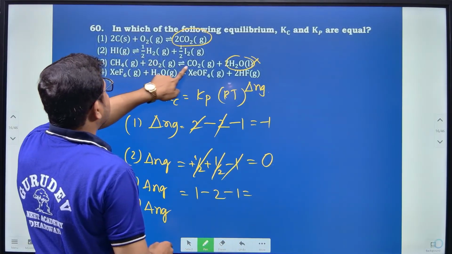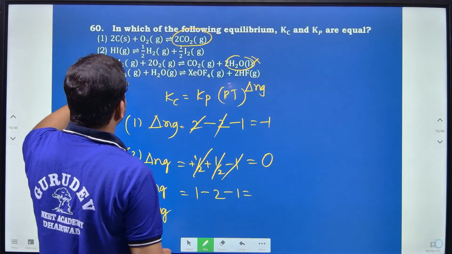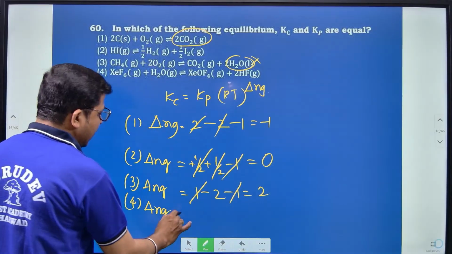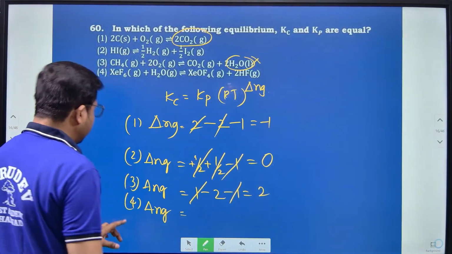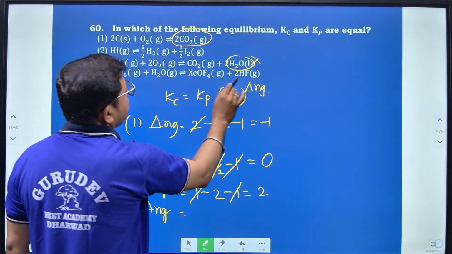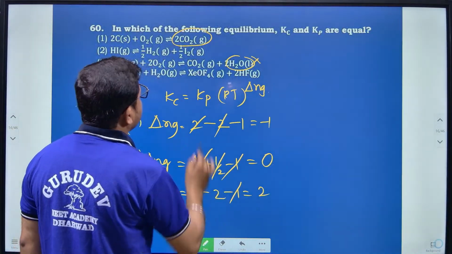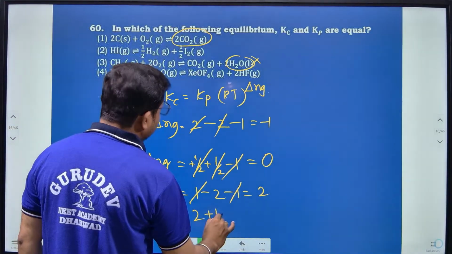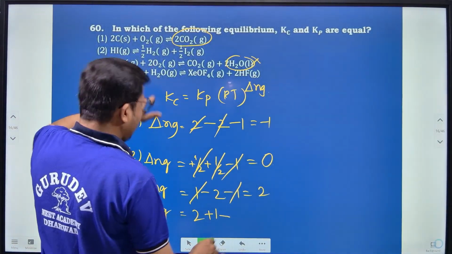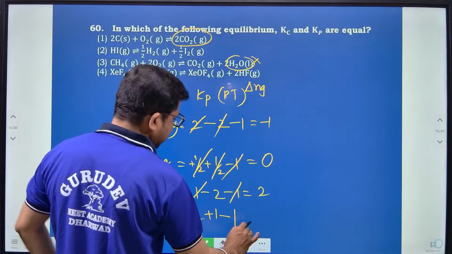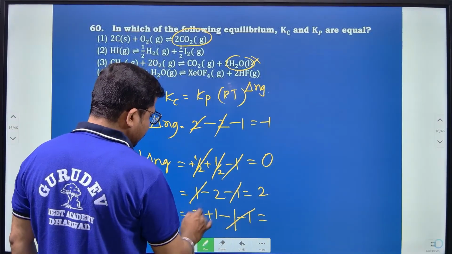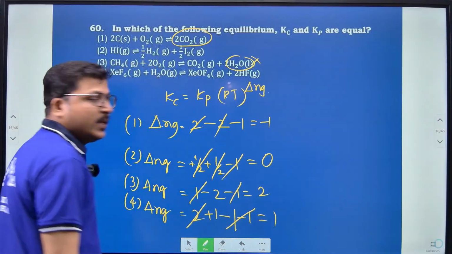So minus 2, minus 1, plus 1 minus 1 gets cancelled. In the fourth option there are 2 molecules of HF and 1 molecule of XeOF4, minus 1 minus 1. Therefore this will be minus 2 plus 2 gets cancelled. This will be 1. Right?